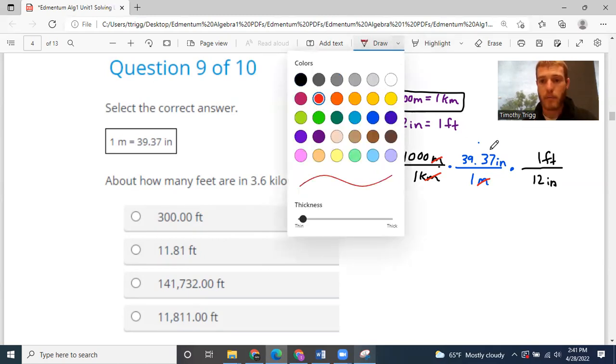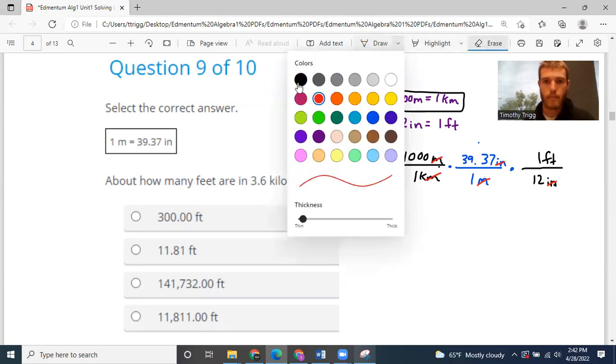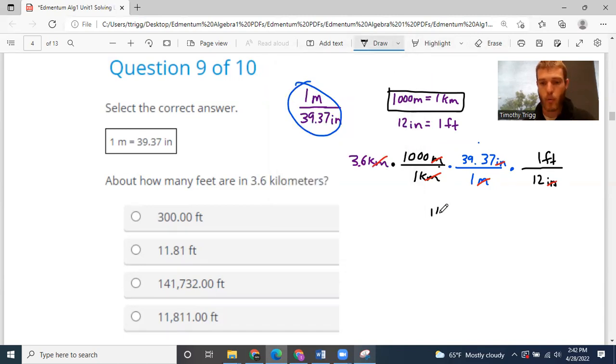All right, this is kind of a complicated one. Inches cancels. Now to figure out our answer, we multiply top times top times top times top. So 3.6 times 1,000 times 39.37 gives us 141,732 feet.